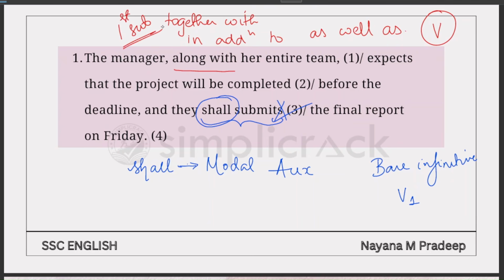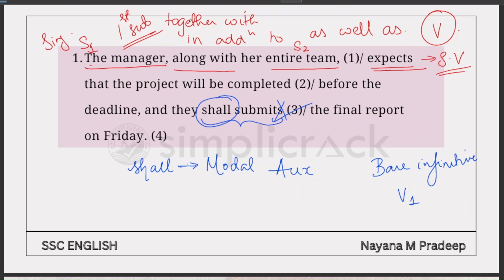Now, in this sentence, the manager is S1, the first subject. Then you have entire team, which is the second subject. So here we know that the verb has to agree with the first subject. When you look at the sentence, you see expects, which is a singular verb. And when you look at the first subject, you know that it is a singular subject.